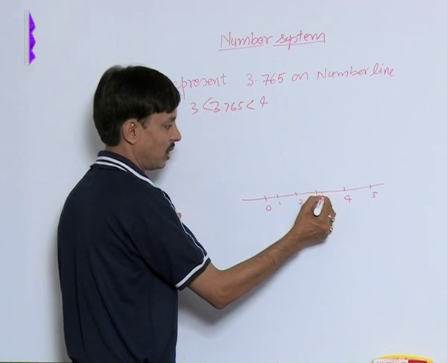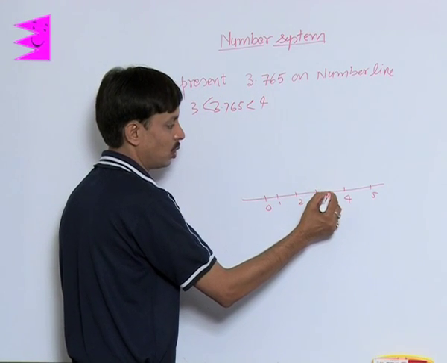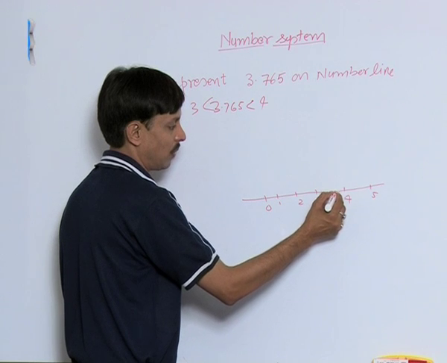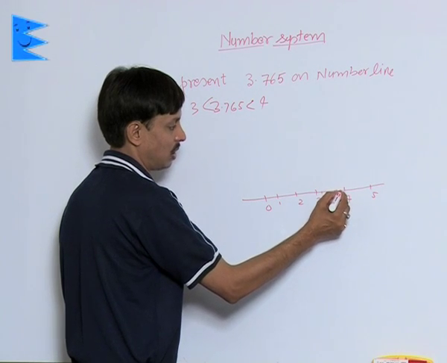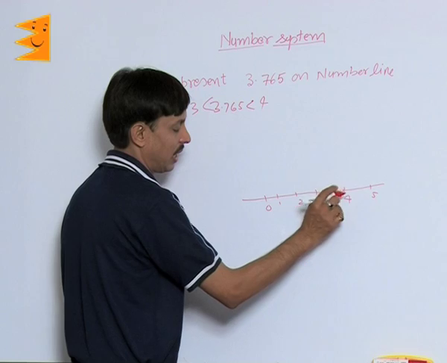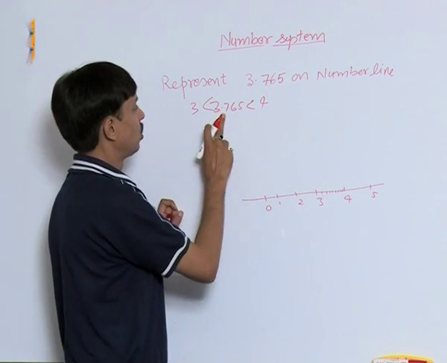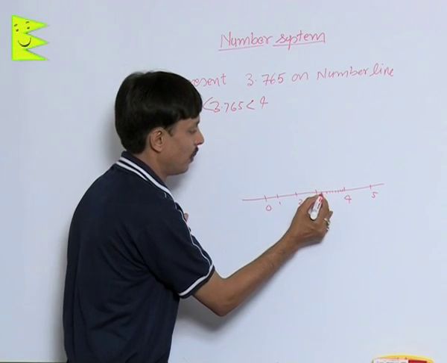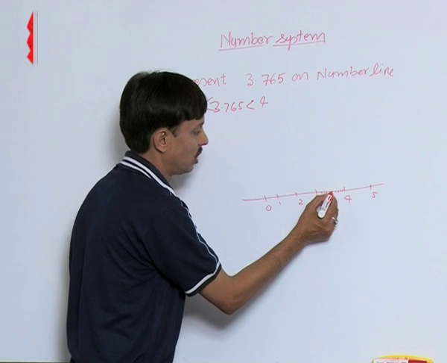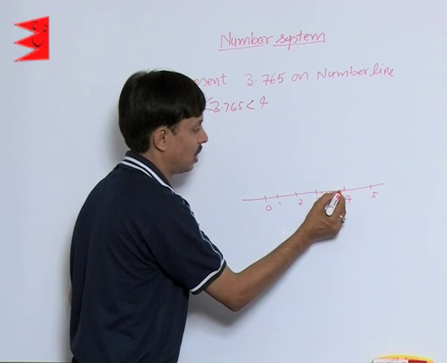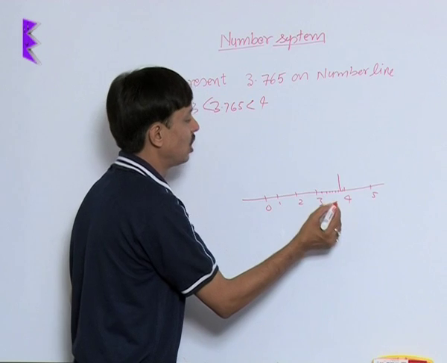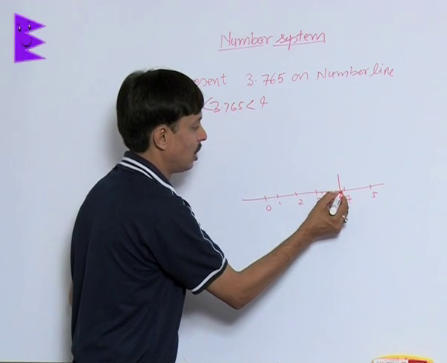It is 3.1, 3.2, 3.3, 3.4, 3.5, 3.6, 3.7, 3.8, 3.9 and 4. This is 3.7 and this is 3.8.